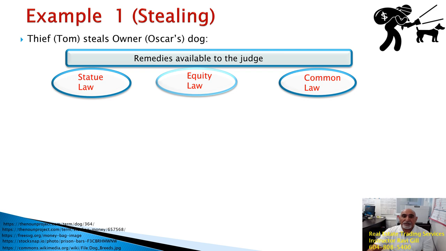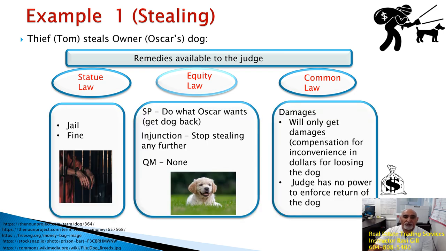Okay, let's take a look at an example again. Tom steals Oscar's dog. The remedies in statute law could be jail, could be fine, could be money, could be return of the dog. In equity law, specific performance would be do what Oscar wants. Probably Oscar wants his dog back, so he'll get his dog back, and maybe Oscar also wants $1,000 because he didn't have his dog for a couple of weeks.